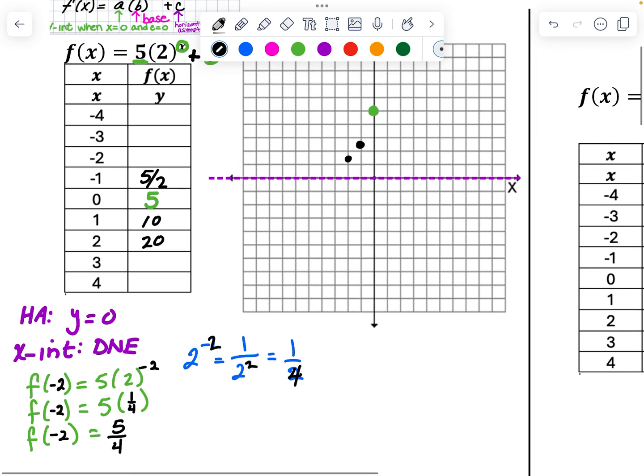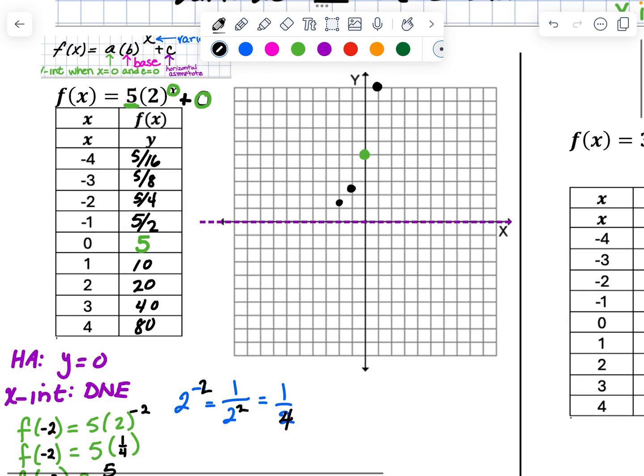So if you notice the pattern, this would be 5/8, this would be 5/16, this would be 40, this would be 80, and that's because this number right here is the number 2.